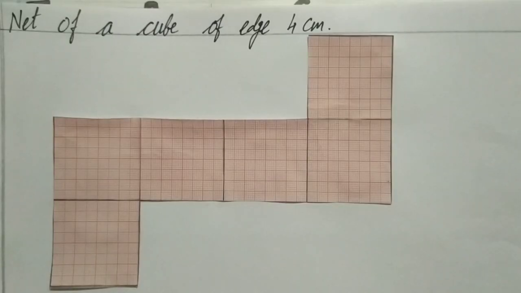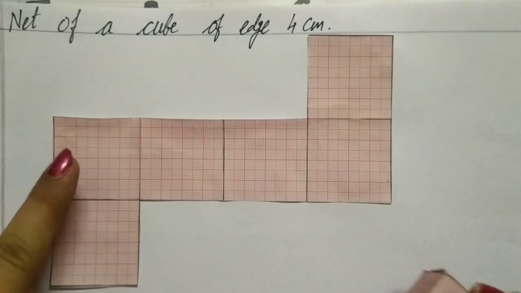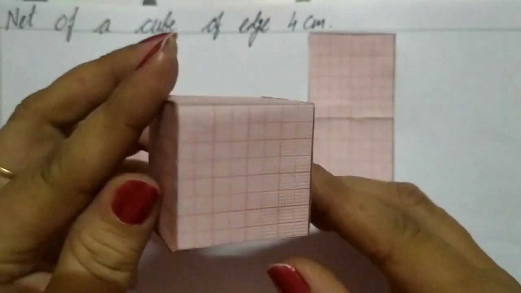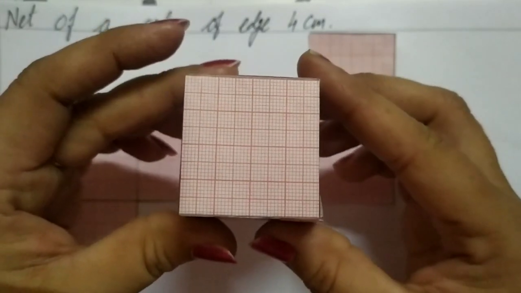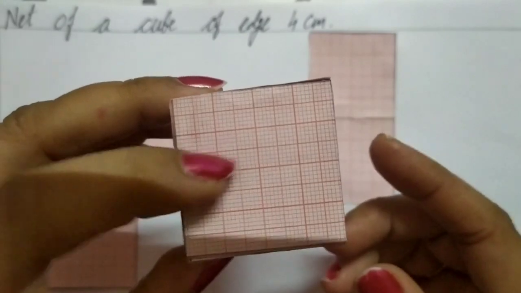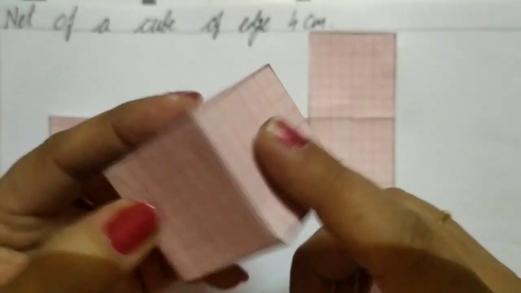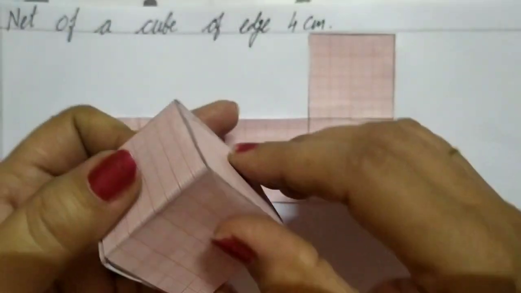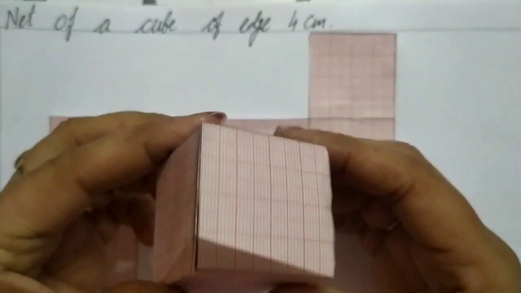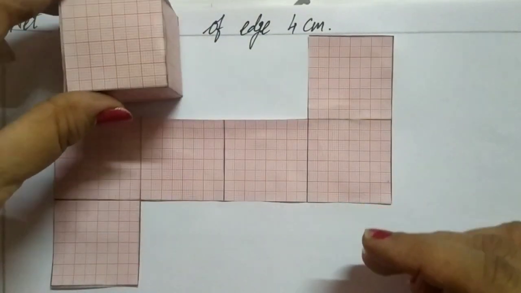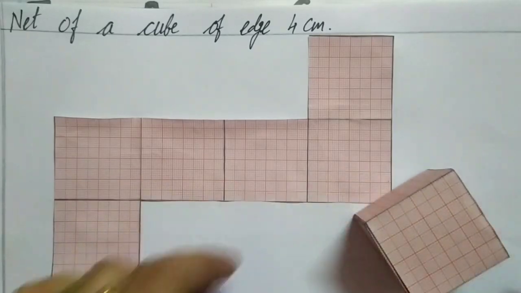And if we fold this, after folding it would look like this: a cube with 6 square faces. 1 2 3 4 5 and 6. So this is the cube that we will get after folding this net.